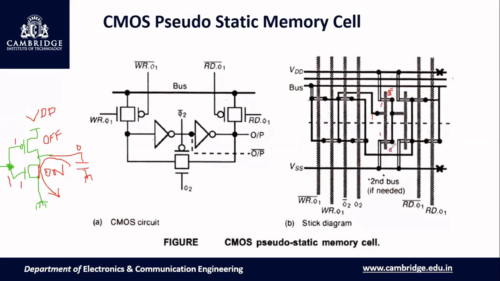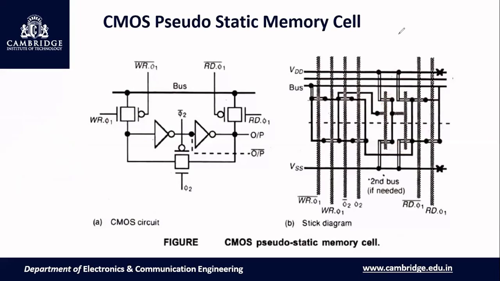Sir, we cannot differentiate PMOS and NMOS using the stick diagram. Okay, here we have the demarcation line. The dotted line we have drawn is nothing but the demarcation line. Whatever transistors you draw above the demarcation will be PMOS, and whatever you draw below the demarcation will be NMOS. Okay, sir, now I understood. Because with a single color, if I have only a blue pen or black pen, I cannot differentiate PMOS and NMOS.